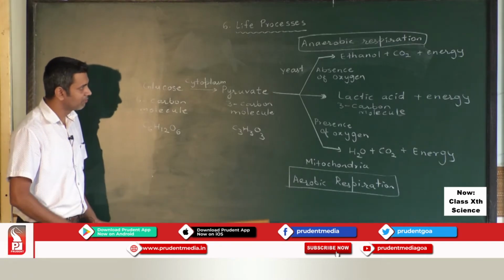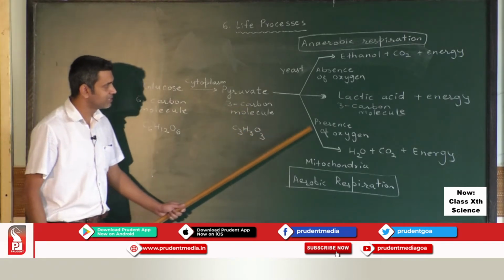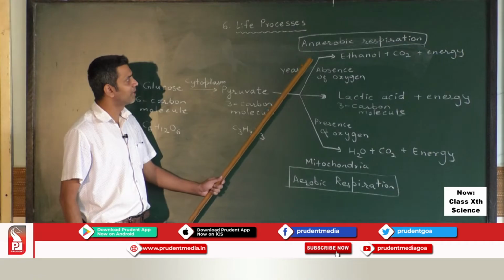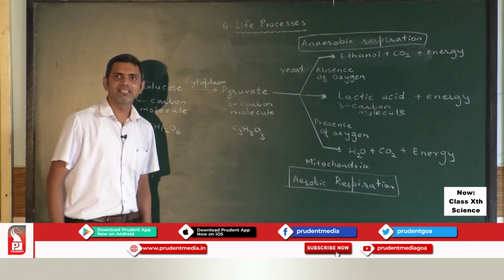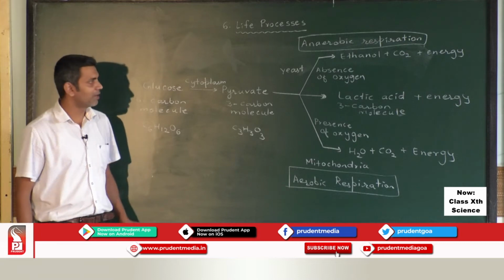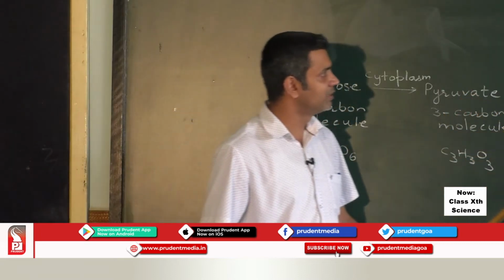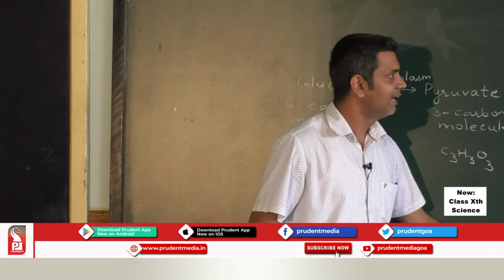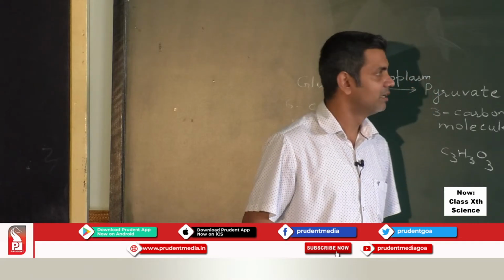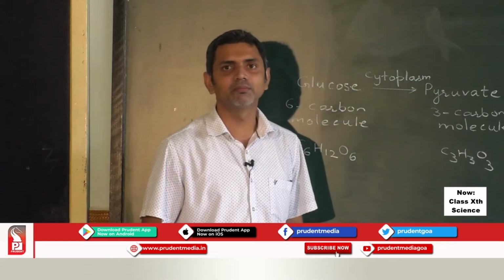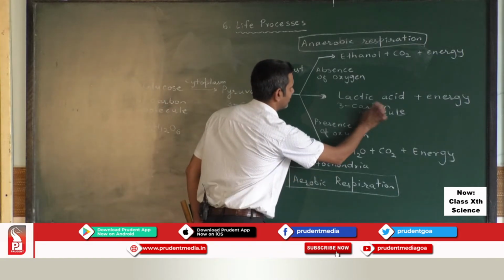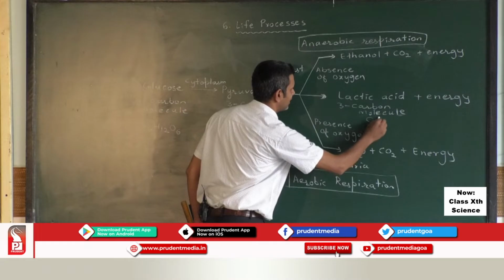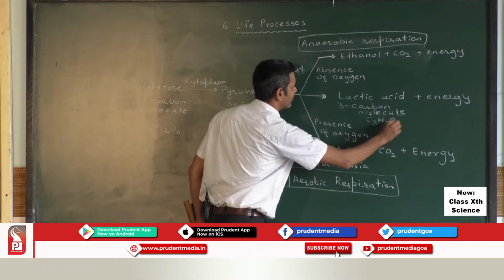Now, when there is a lack of oxygen, pyruvate gets converted into lactic acid and energy will be released. Lactic acid is a 3-carbon molecule and its formula is C3H6O3.